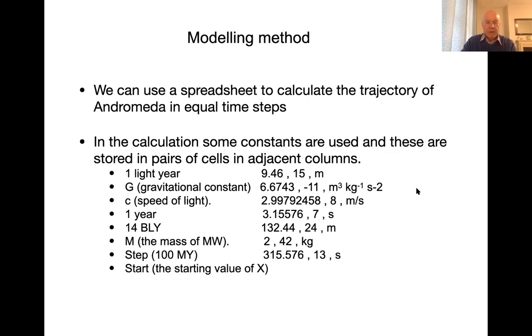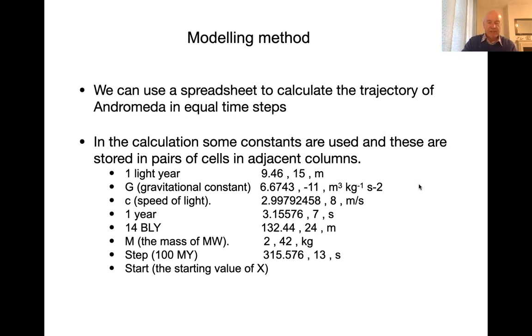So the approach I've taken is to use a spreadsheet to calculate the trajectory of Andromeda, and using the spreadsheet we divide the time into equal time steps. I've listed below some of the constants which are used, also showing how I've represented those constants in the spreadsheet.